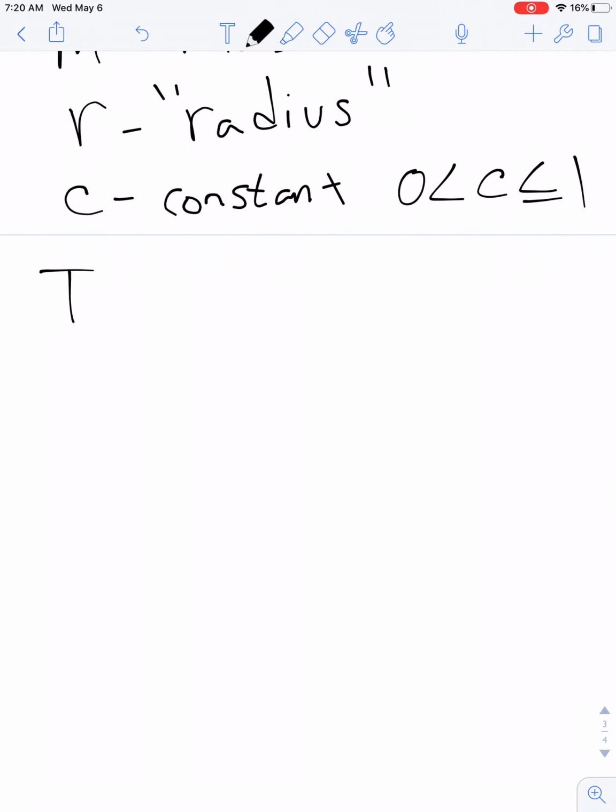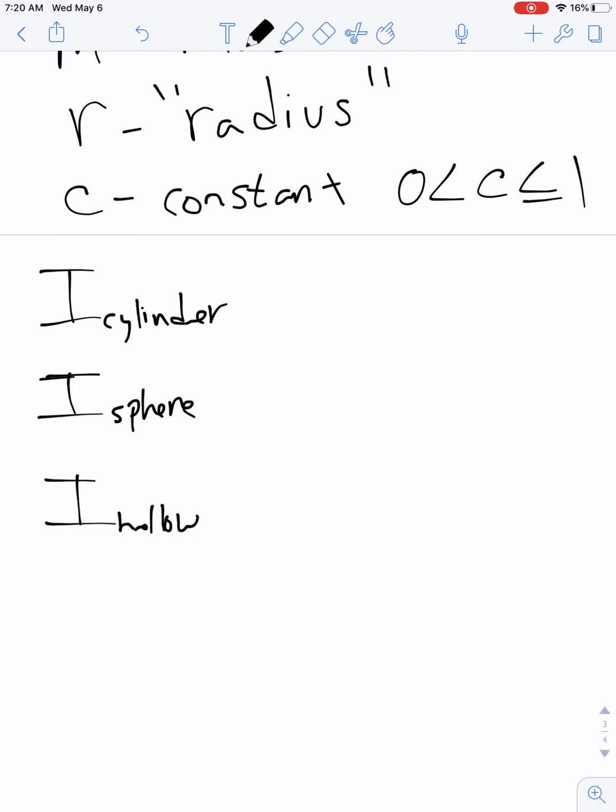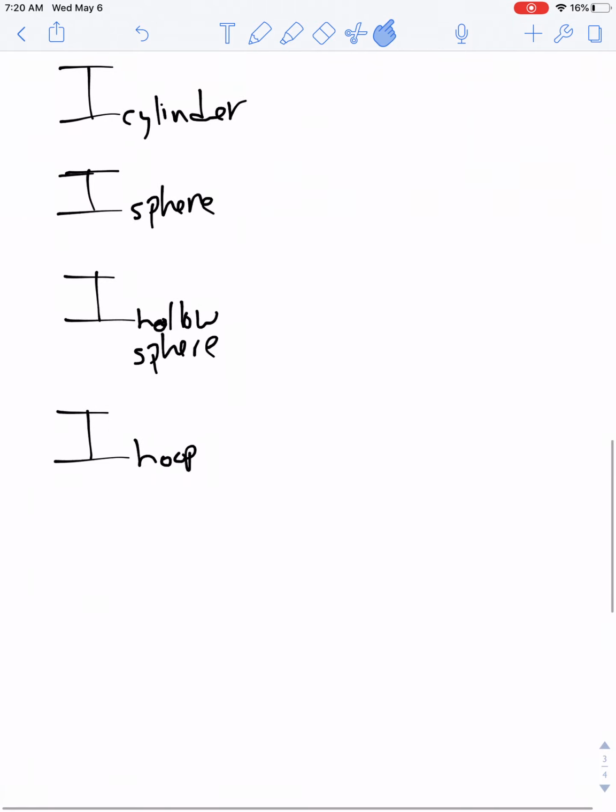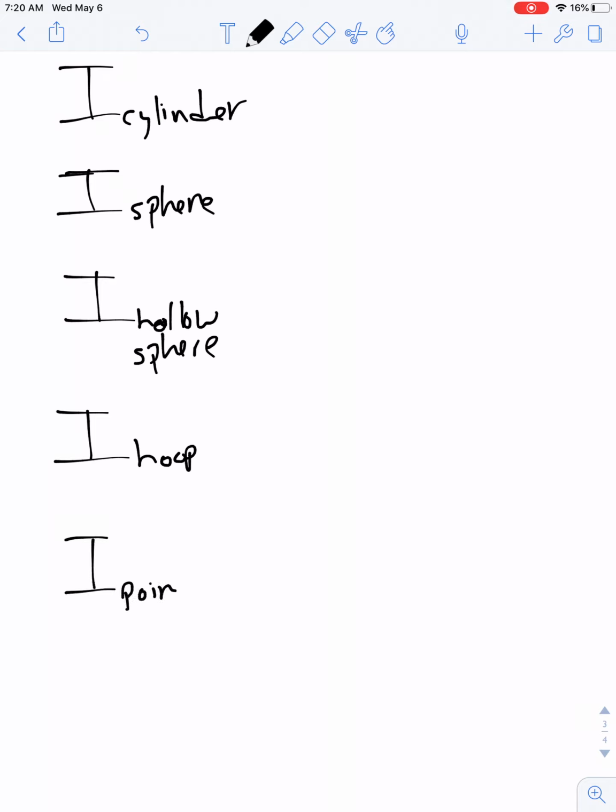We're going to talk about I for a cylinder. We'll talk about the inertia of a sphere, the inertia of a hollow sphere, and the inertia of a hoop, like a hula hoop. We're going to talk about the inertia of what we call a point mass.